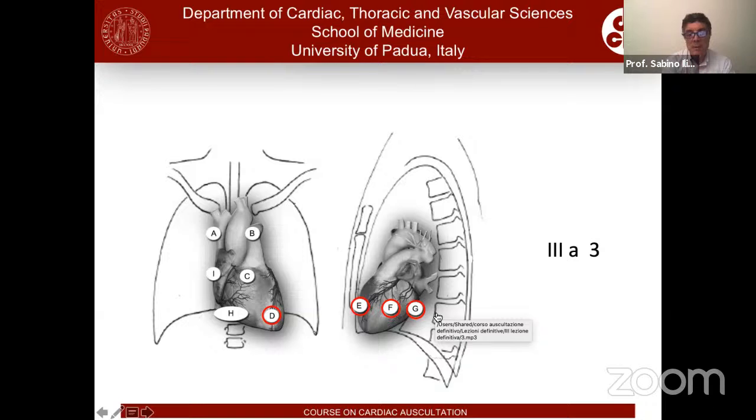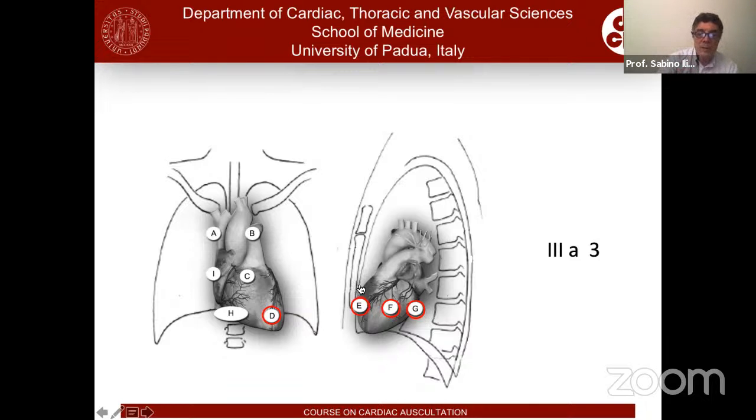This is a severe murmur with a third sound and all the aspects related to severe mitral regurgitation. Some are those related to what you listen to during auscultation. The others are due to where you listen.